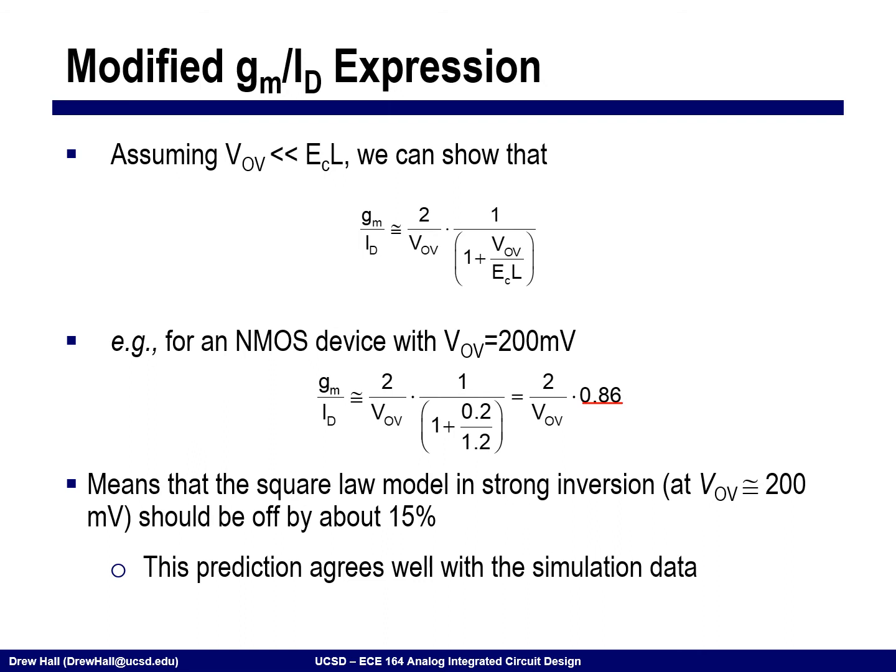And it's this 0.86 that's causing that reduction. So if you recall back to those GM over ID curves, the square law model was just slightly above the simulated model by about this 15%. And so this is in very good agreement with the simulation data that we have from this technology.